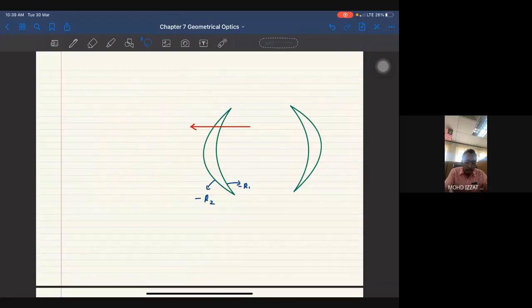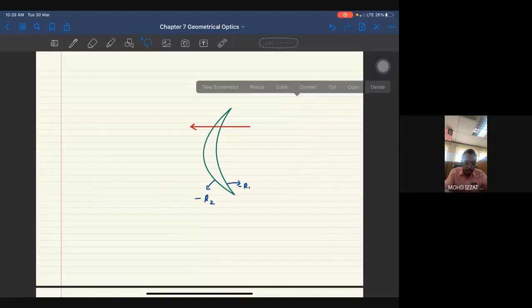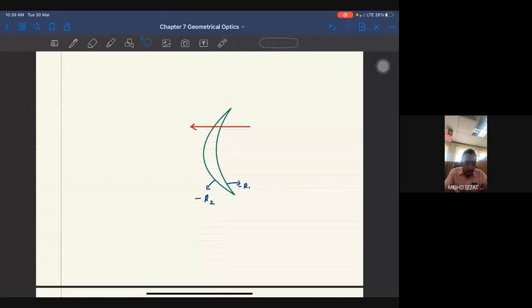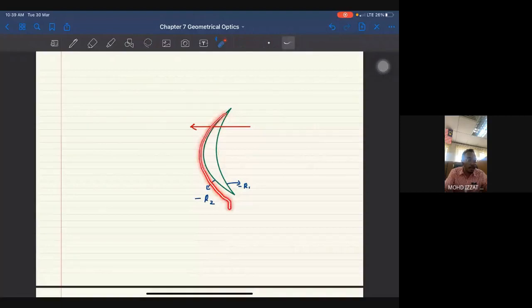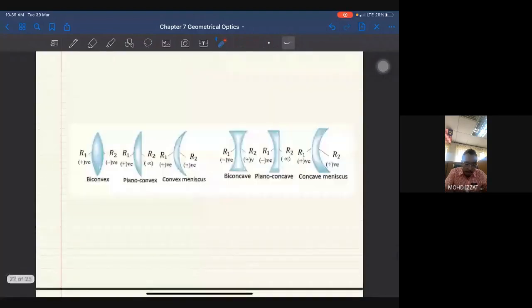Okay, the thing about convex meniscus, the R on the inside is actually bigger than the R on the outside. So that's the difference between convex meniscus and concave meniscus.